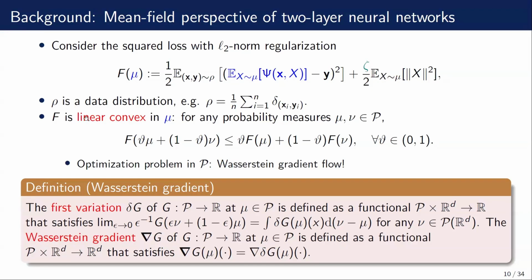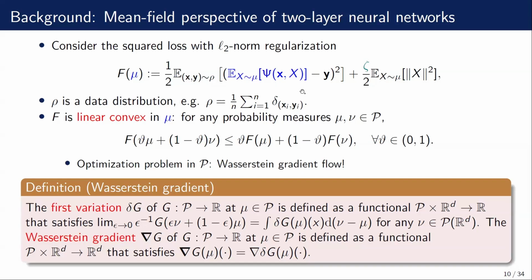Okay. The purpose of considering your objective as a function of your distribution mu is that now F becomes a convex objective with respect to mu. It sounds like magic, why you suddenly have convexity. Well, it's actually very simple, because a neural network is linear in mu, right?